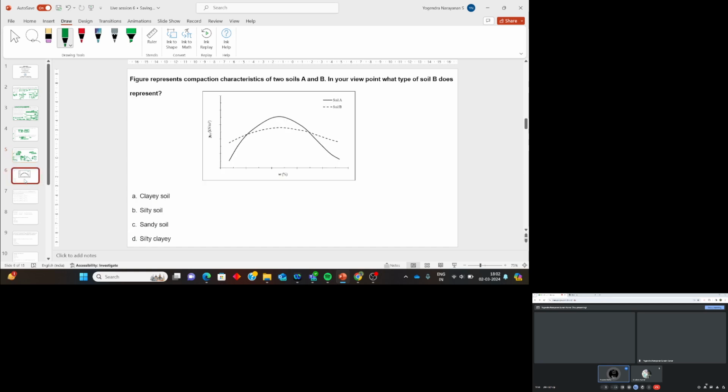Okay. Now the figure represents the compaction characteristics of two soils, A and B. What type of soil is B?